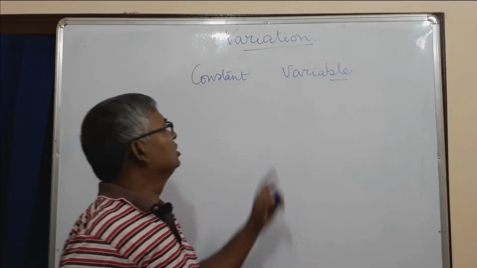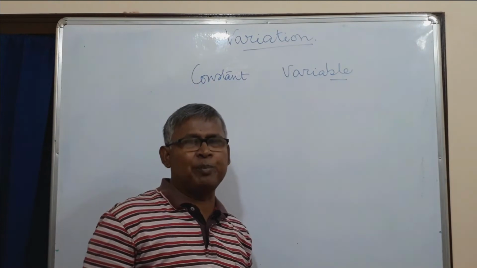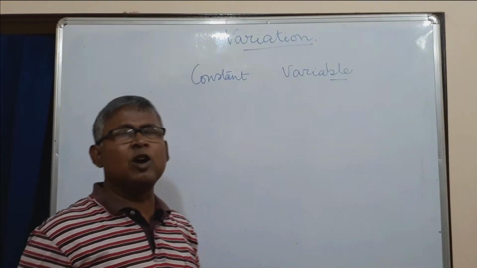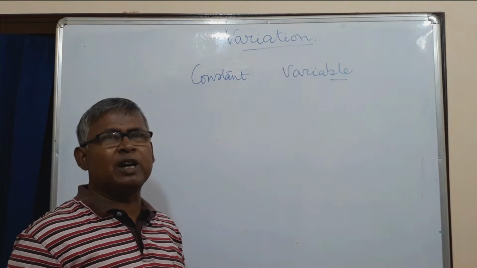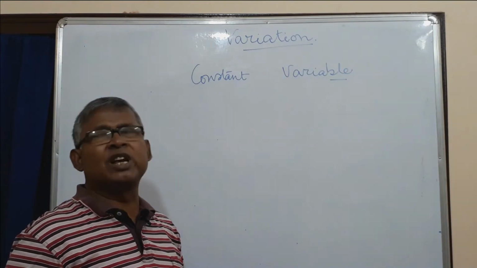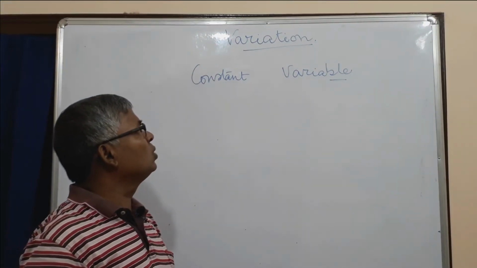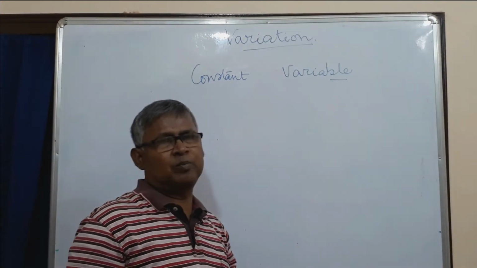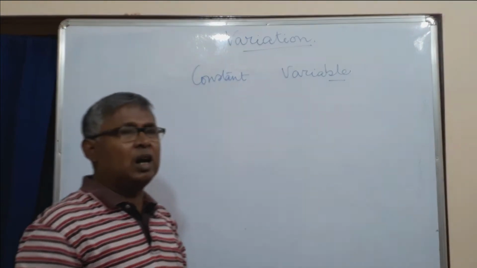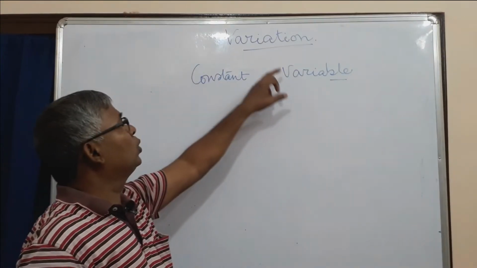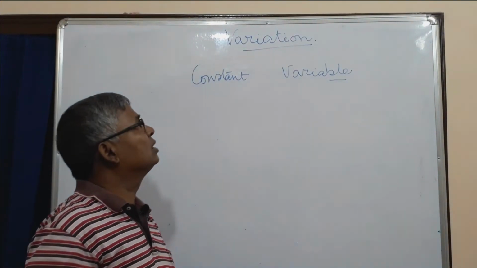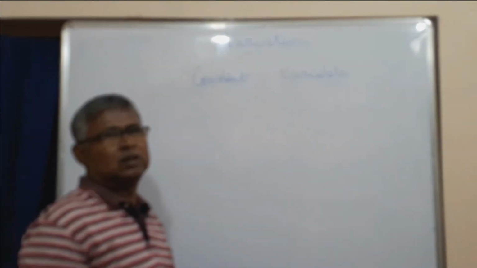But the velocity of wind, the temperature of a day, the humidity of a day, the velocity of a car, every time changes. So these are called variables. The chapter variation is related to the relation of variables, how they are related. Here we see there are three types of relations.